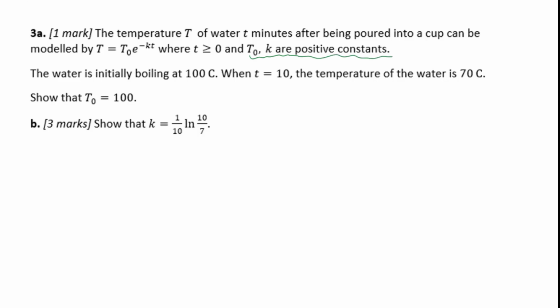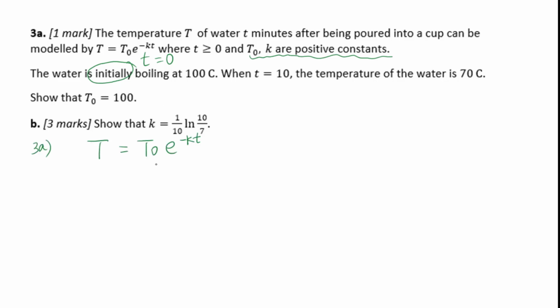The water is initially boiling at 100 degrees. When you say initially, that means t equals 0. When t equals 10, the temperature of the water is 70 degrees. Show that T sub 0 equals 100.